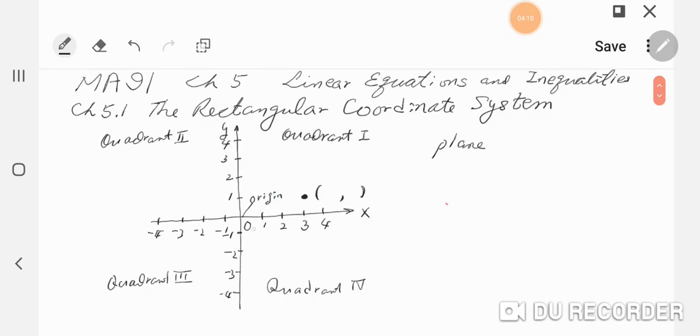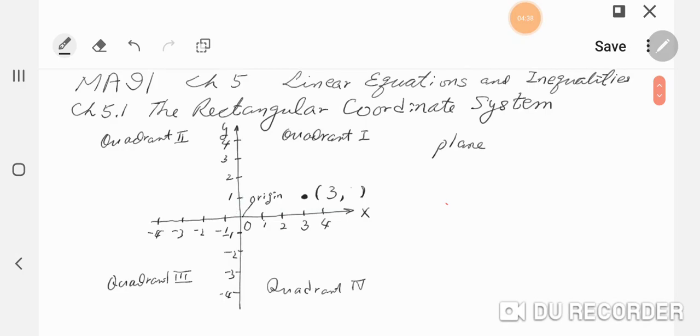Starting from the origin, count how many units the point is away. As you go to the right, 1, 2, 3, the x value is 3 units away from the origin. Then the x value of the point is 3. And the y value: let's start from 0 and count the number of units going up. In this case, it's going up 1 unit.